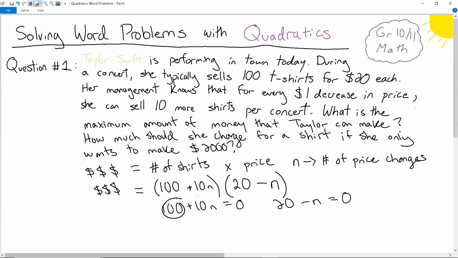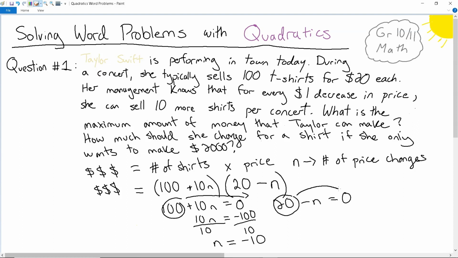We want to isolate for n, so I'm going to move the 100 over the equal sign, and that's going to turn into negative 100. Then I'm going to divide the 10 out, and we see that n equals negative 10. That's one of our zeros.